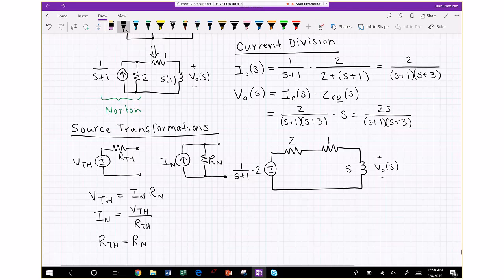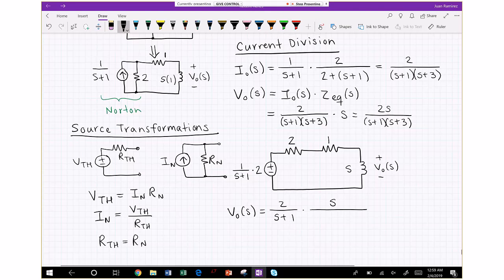Now what we can do is voltage division, because you know the voltage across that series string of impedances, and you're looking for the voltage across one of the individual impedances. Voltage division will be equal to V out, equal to the input, which is 2 over S plus 1, times the impedance that you're looking at, which is S. Again, impedance is sort of the analog to resistance. An impedance could be a resistor or an inductor or a capacitor.